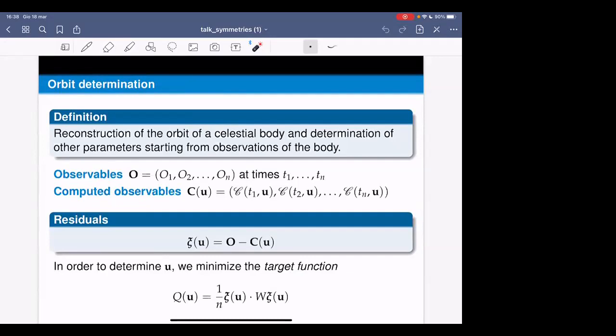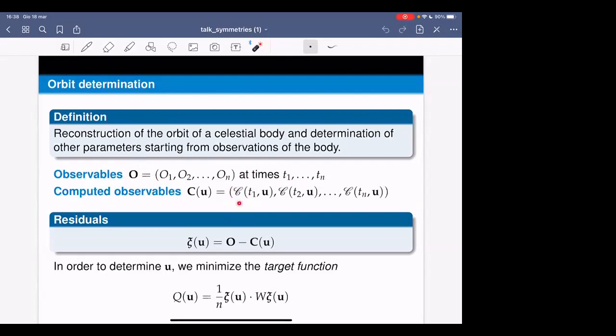We have seen the range observable, for example. We also have angular observations, also velocity observations. So let us suppose that we have n different observables, which we collect in a vector O at times t1, tn. And then what we do is to model these observables by means of a function c, which is called in literature the prediction function.